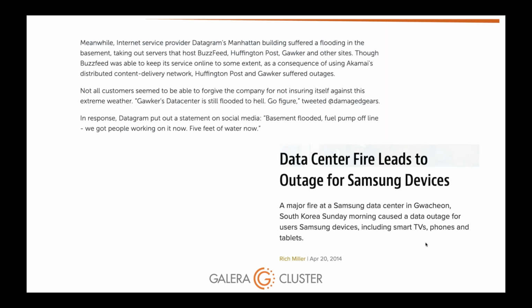You can't really buy a dumb TV anymore, so your smart TV functionality would have gone away. People who had Samsung phones and used a chat service called S-Chat lost that as well. It turns out this sort of thing happens. Data center fires take away a whole data center, and they did not have a disaster recovery plan to keep everything going, because typically the most expensive kind of DR plan involves you having another data center waiting for you.